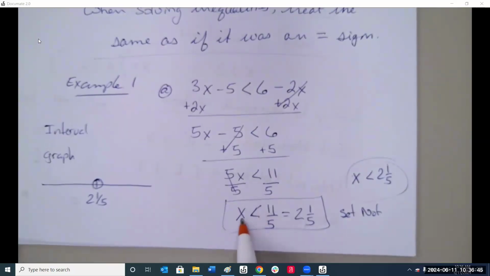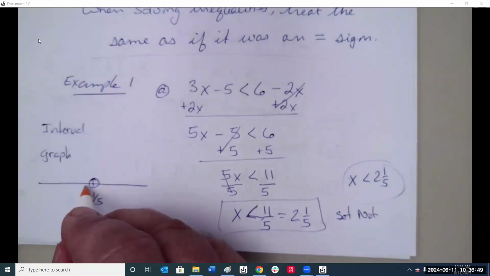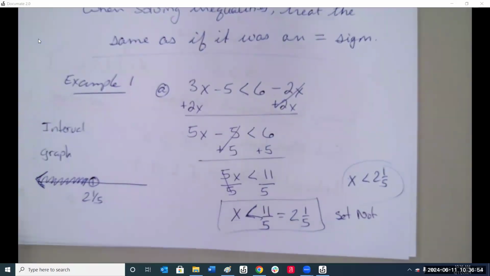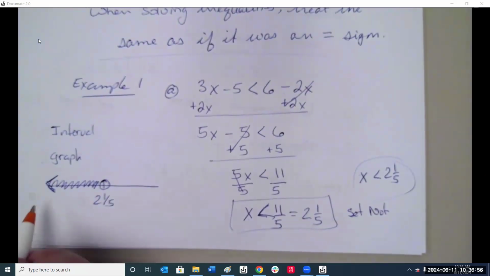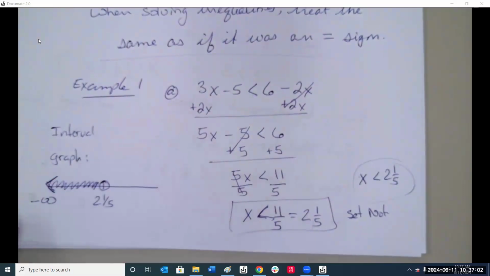Since the x is on the left, it's pointing to the left. So we go this way, and it goes to negative infinity. That's the graph.